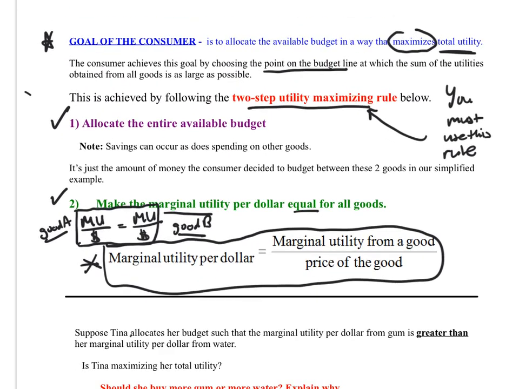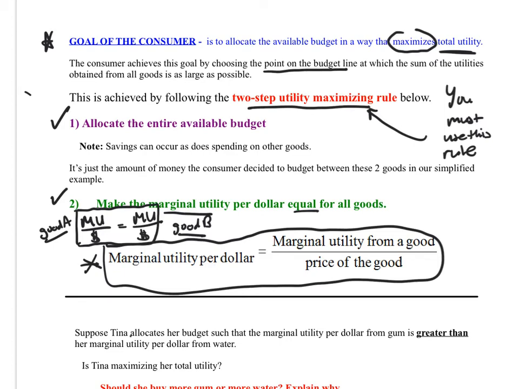Okay, so this is really the crux of the lesson. The goal of the consumer is to maximize their total utility within their available budget. You must use this two-step utility rule. You can't just do all the combinations and calculate which is the biggest total utility and give that as the answer. So the first thing is you have to spend your entire budget. That means you must be at a point on the budget line.